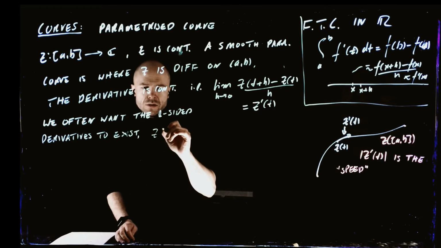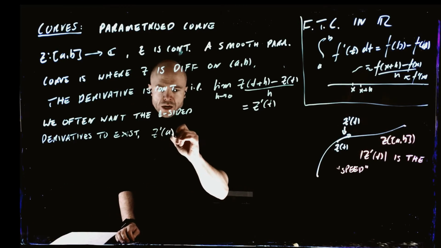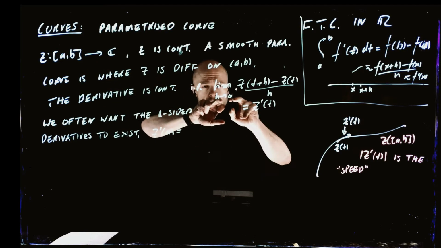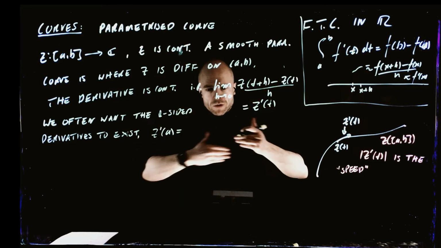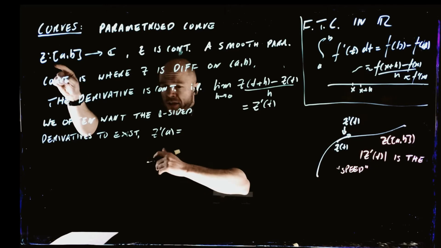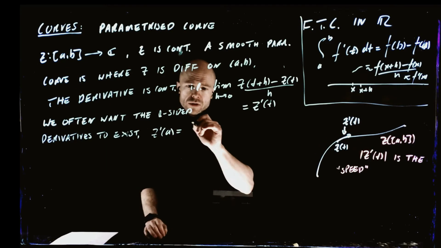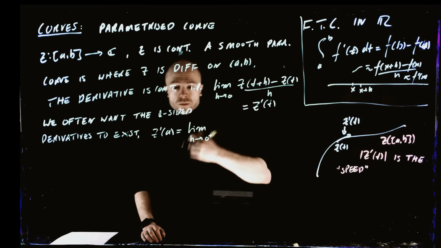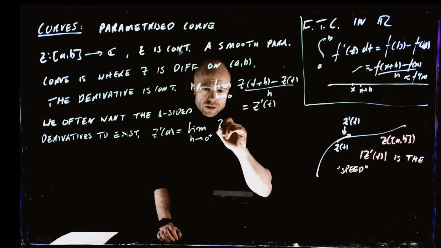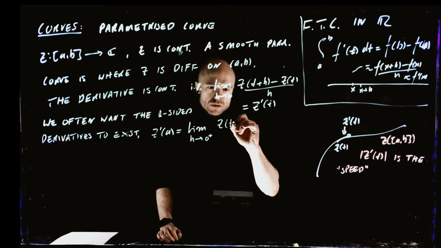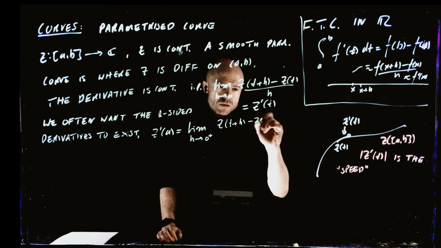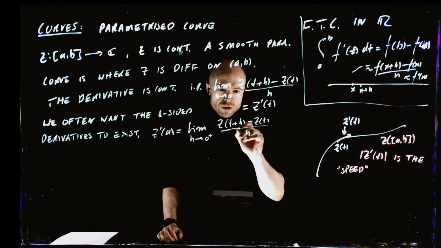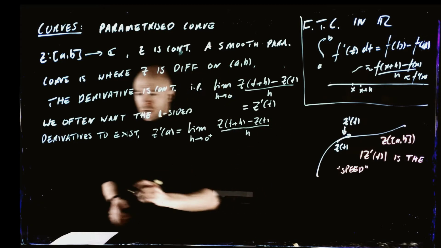Like this, z prime of a. So if we're not at an endpoint, this doesn't require any sign on h, h goes to 0 in any way. But if we are here at the endpoint, then we can only move forward. So this is the limit as h goes to 0 from the right-hand side, from positive numbers. So it's one-sided because we're only going for positive numbers.